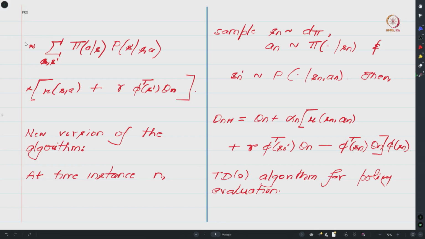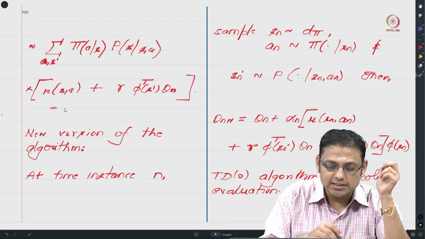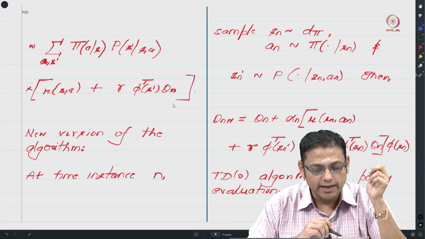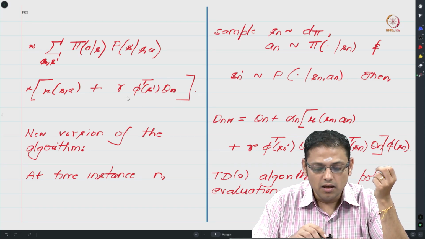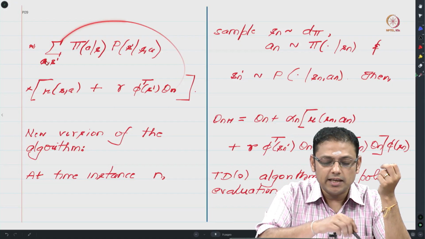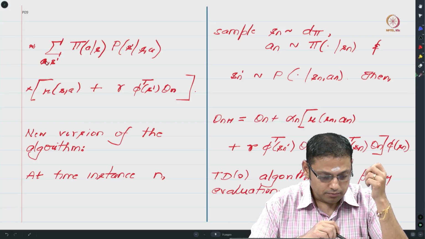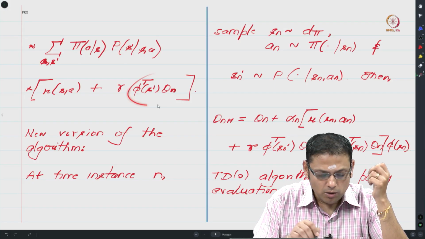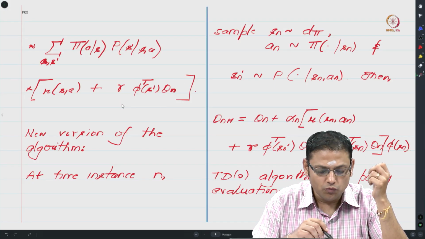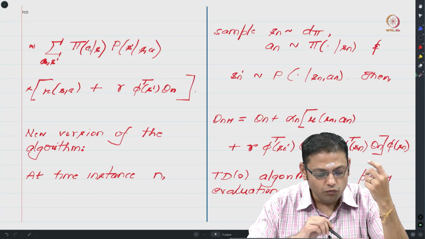Later on we will see how good an approximation this is, but nevertheless one can think of V pi of s as having an expression like this. At time instance n, we are replacing V pi of s prime by this quantity, and hence this can be viewed as an approximation to V pi of s prime, and this whole thing can be imagined to be an approximation to V pi of s.